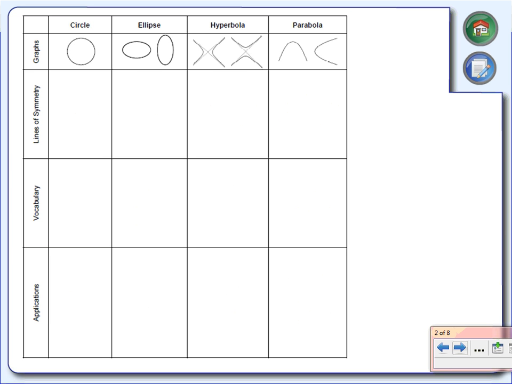Now, if I slice this at a slight angle, instead of getting a circle like I do here, what I end up with is instead this shape right here. What is this shape called? This is called an ellipse. Okay? Now, the next one, hyperbola, we've seen this before.